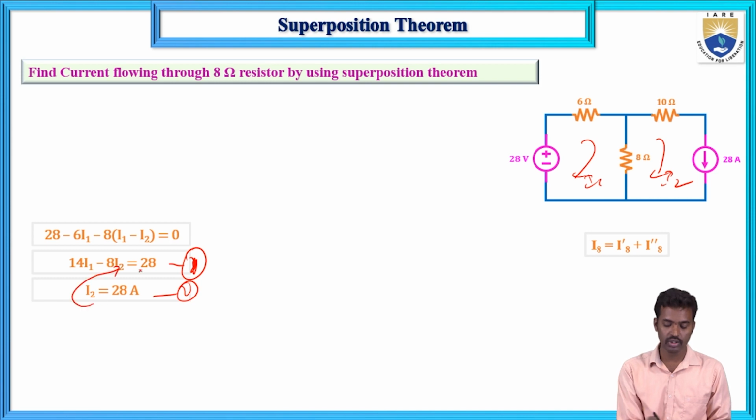Substitute this I2 in this, you will get I1. So now I1 is 18 amperes.